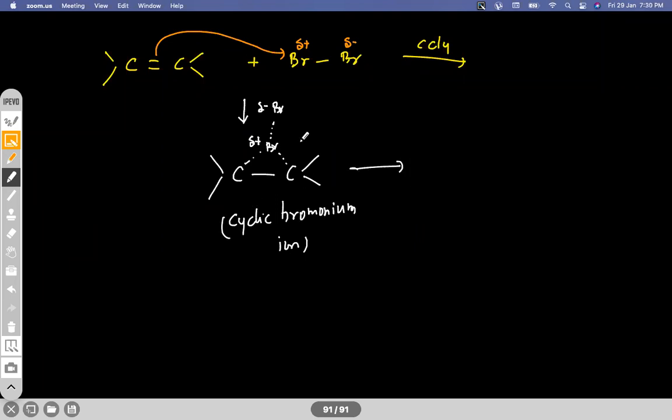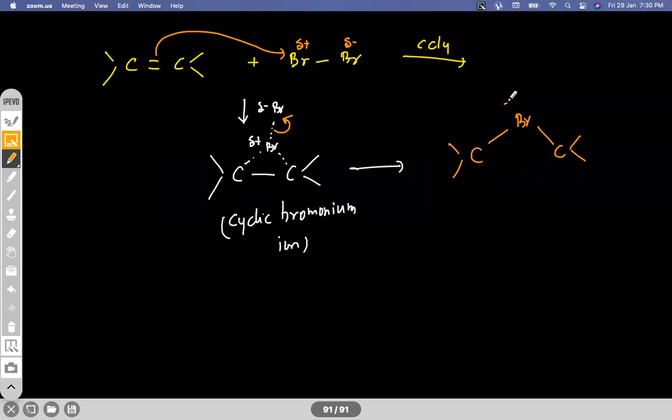Slowly, first this forms, then this bromine comes out as Br minus. Then we get here C, Br, C, and these two bonds will be as they are. Here we have the positive charge on bromine, since the Br minus will go out.